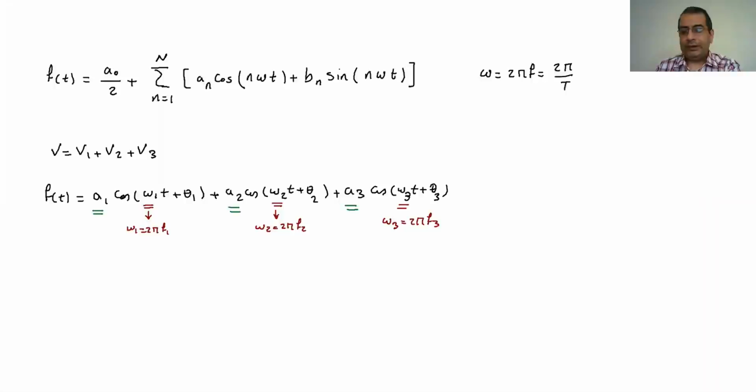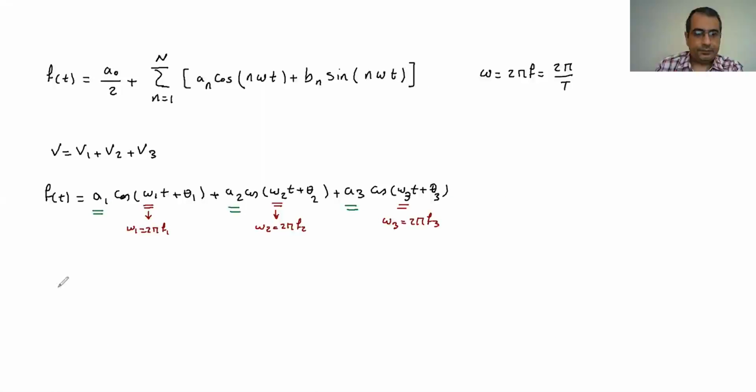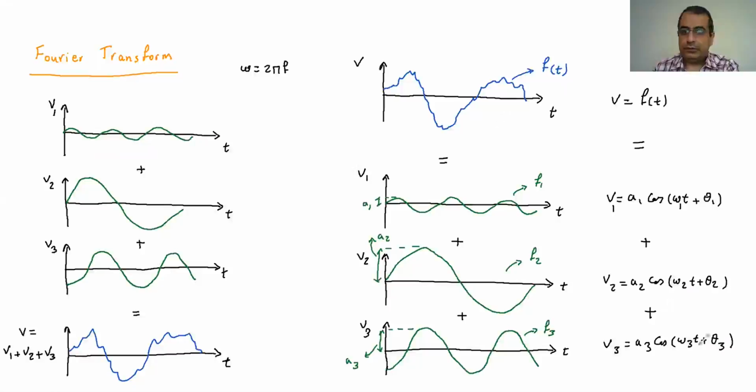So if I go back here, this is what I have in the time domain. I'm going to draw it again here. So in the time domain, it's going to be V, and I'll try to draw it the same as it is here, hopefully.